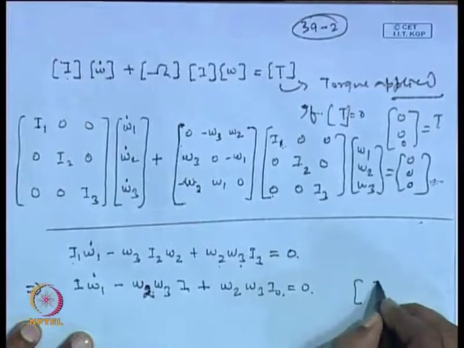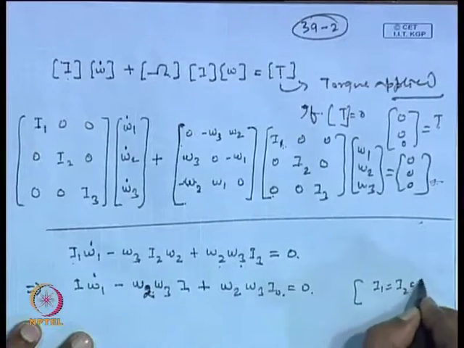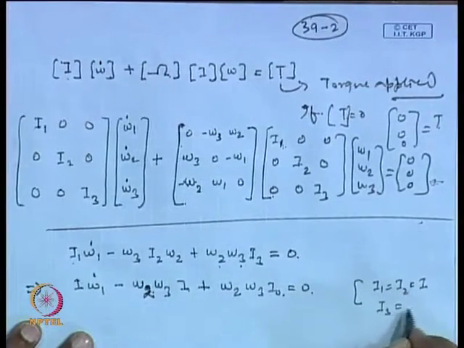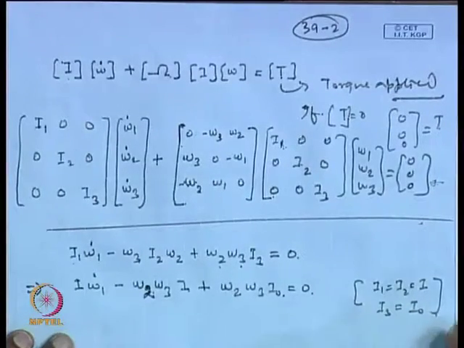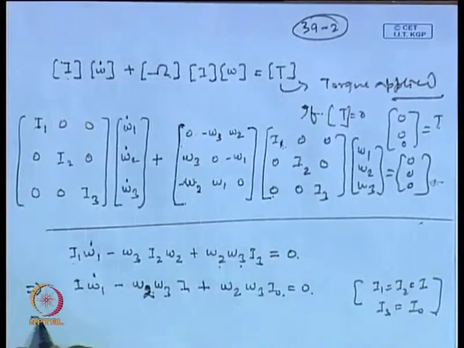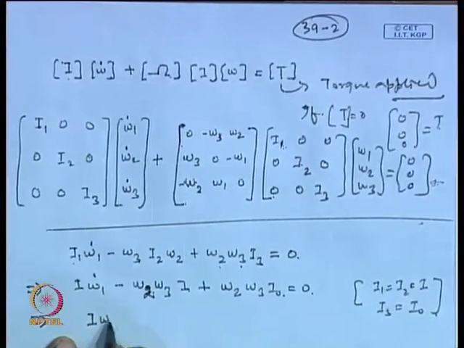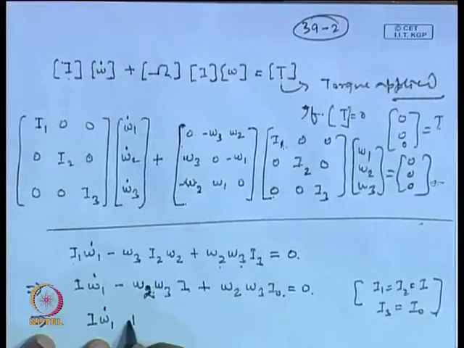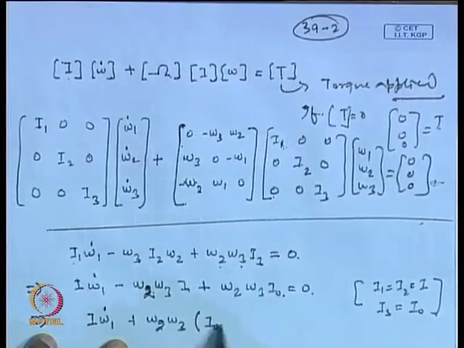We are using the fact that we have set I 1, I 2 equal to I and I 3 equal to I 0. And with a little bit of rearrangement we can write omega 2 omega 3 times I 0 minus I, and let us write this as equation number 1.